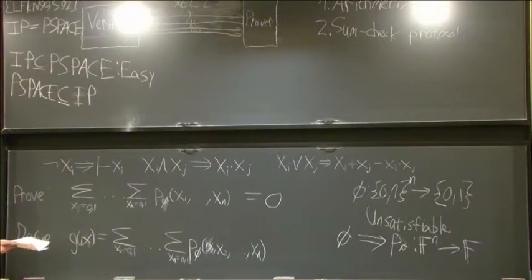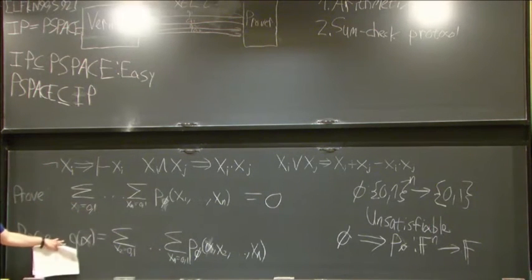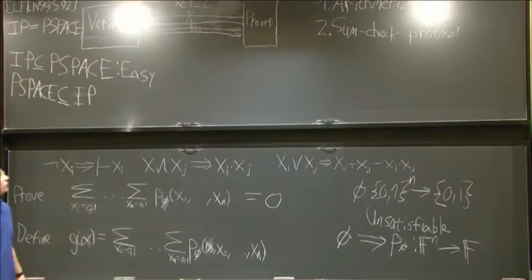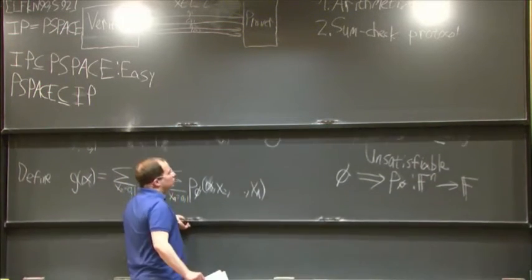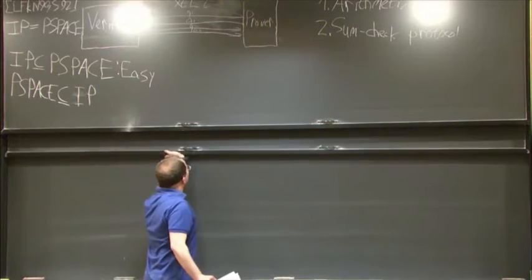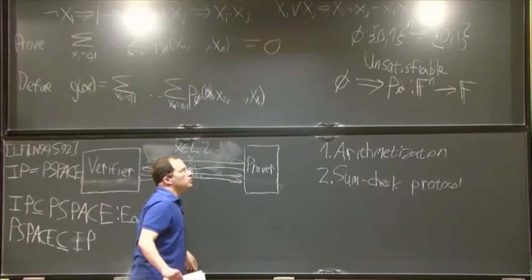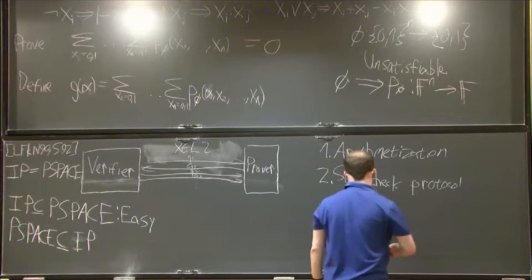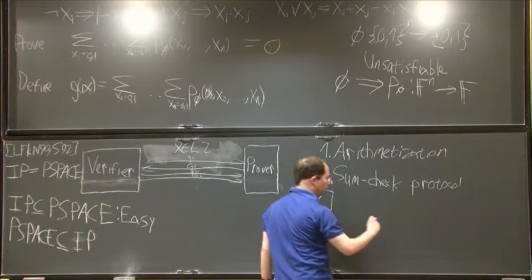Now, because p sub phi is a low-degree polynomial, in particular g is a univariate low-degree polynomial. And now the protocol goes like that. So we have the verifier and the prover.